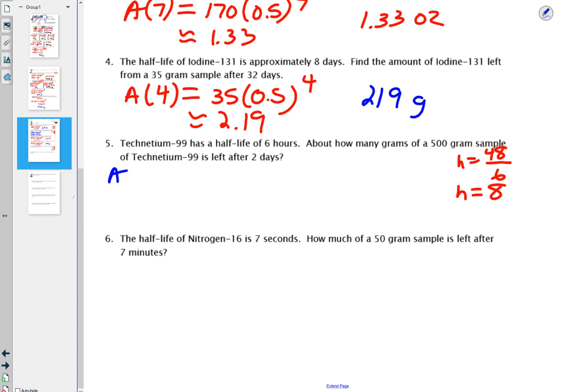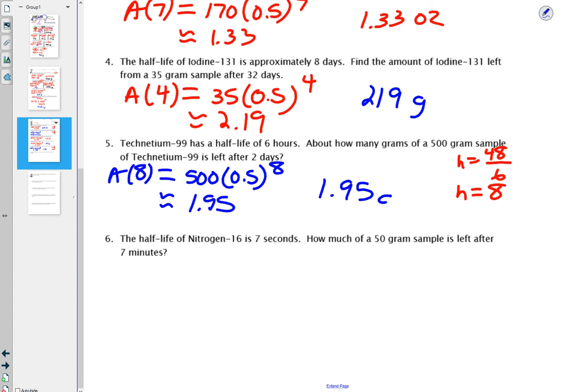So the amount after 8 half-lives is equal to the original amount, which is 500, times 0.5 to the power of 8. And I'm getting approximately 1.95. So 1.95 grams. And do you agree?